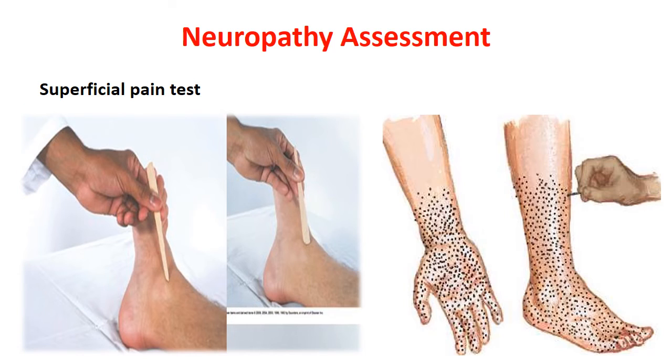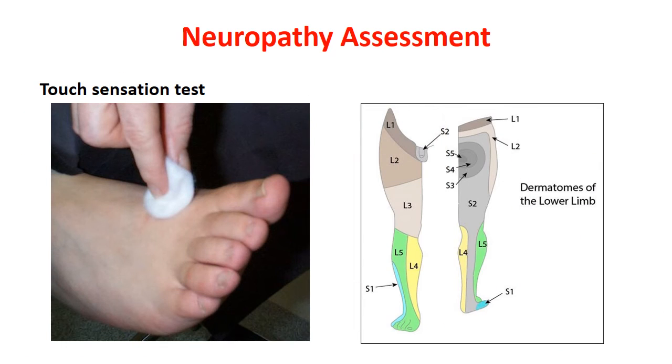Of course, loss of pain sensation in a diabetic patient could be related to other causes, but here it is preferably related to peripheral neuropathy. Actually the foot should be affected first, because the long nerves are affected earlier than the shorter nerves in peripheral neuropathy. So if this patient has affection of his hand first, please look for other causes than just peripheral neuropathy, but the foot should be affected first. Then we look for touch sensation.